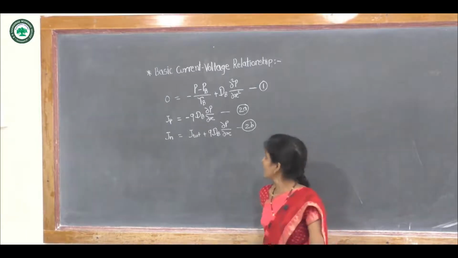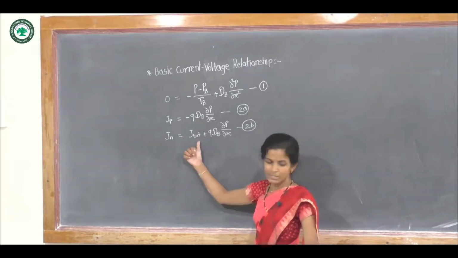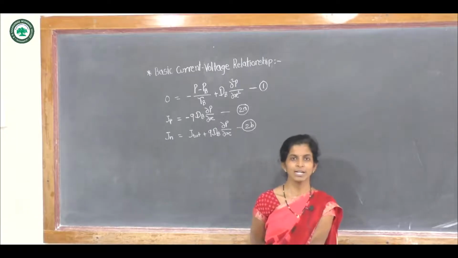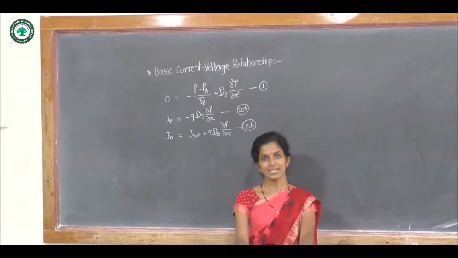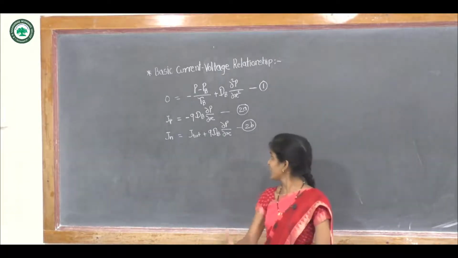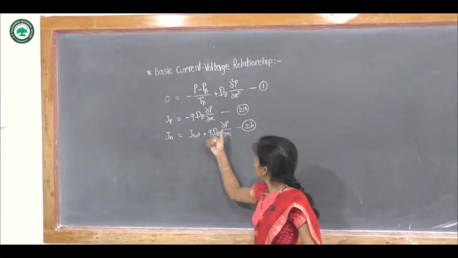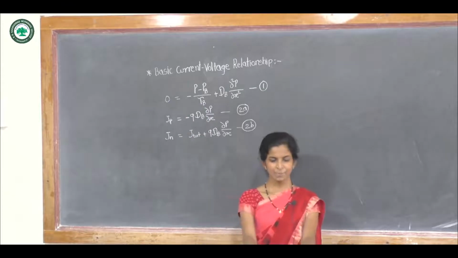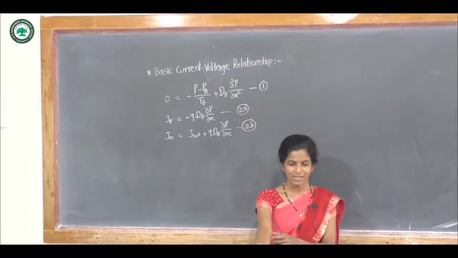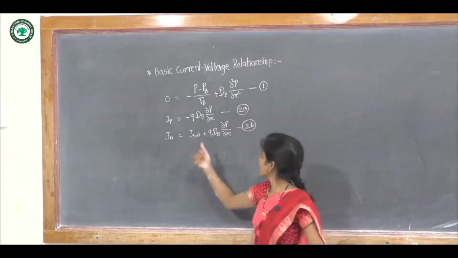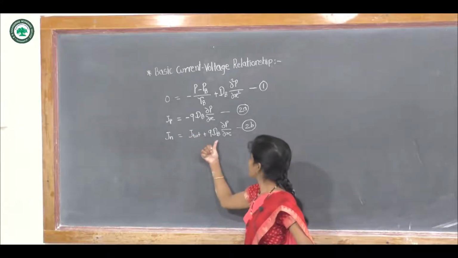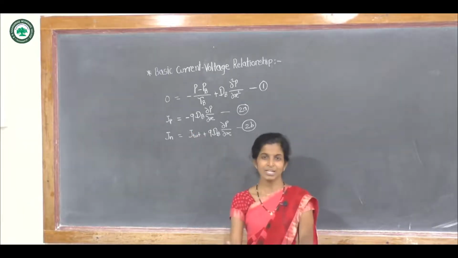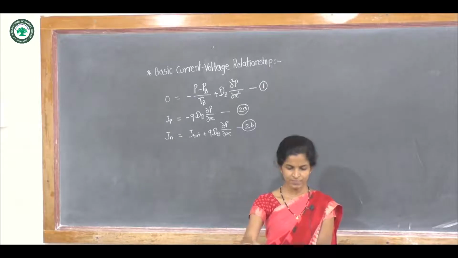J total in equation number 2b is nothing but the total conduction current density. Tau B in equation number 1 is the minority carrier lifetime, and DB, which is given in equation number 2a as well as 2b, is nothing but the diffusion coefficient.